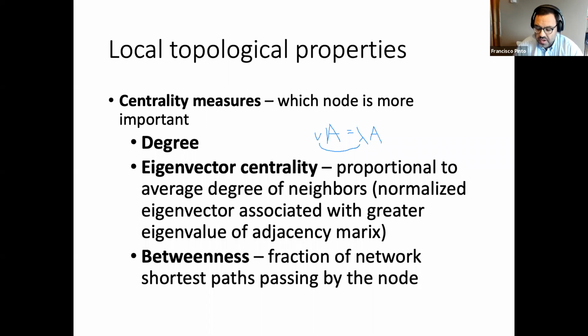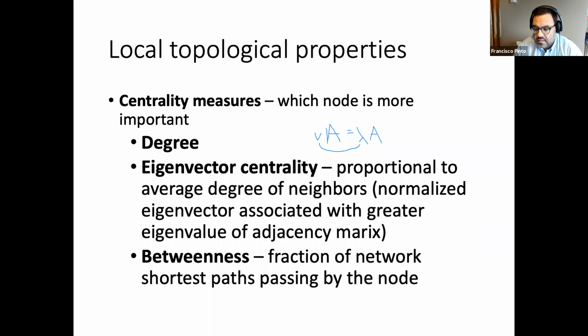And these matrices may have more than one pair of eigenvalues and eigenvectors. But using the eigenvector that corresponds to the greatest eigenvalue, the values in that vector, there is a value for each node, and that value is called the eigenvector centrality.